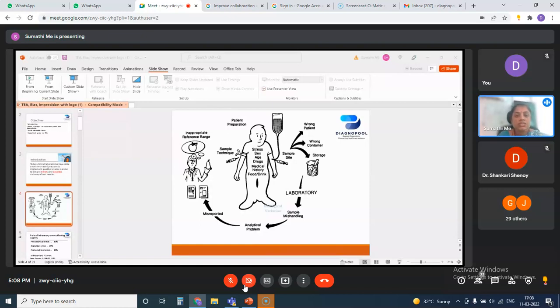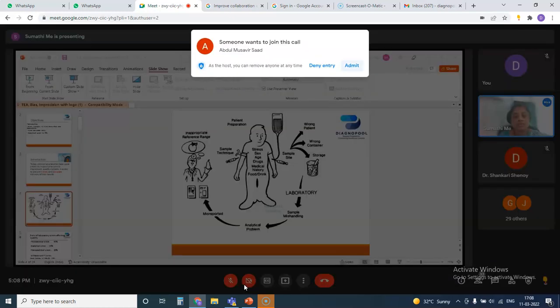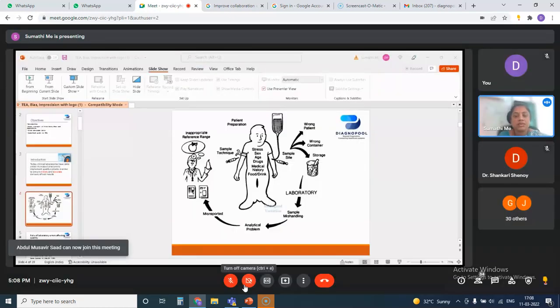And of course, these are not controllable, but if we take note of these things when we are taking the blood test, definitely it will help us in correlating the test result with the clinical condition.